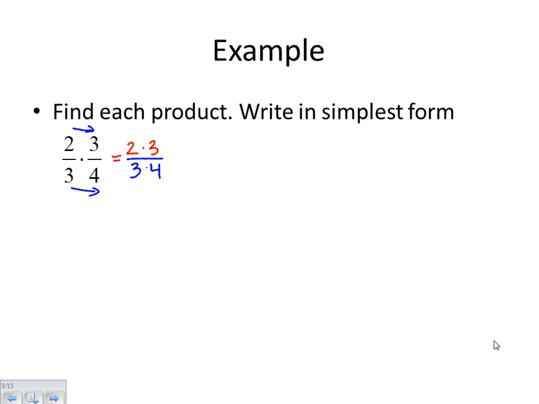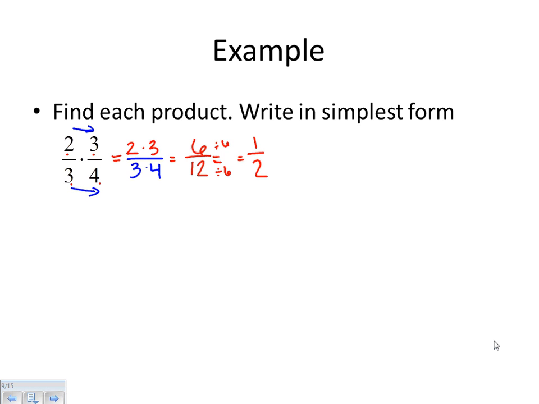When I multiply straight across, 2 times 3 is 6 and 3 times 4 is 12. If we remember from last chapter, we learned how to simplify fractions. If I simplify this, I can divide the top by 6 and the bottom by 6, and I get 1/2.